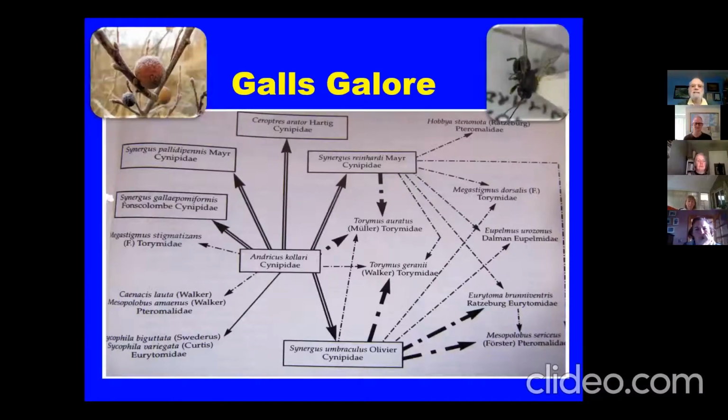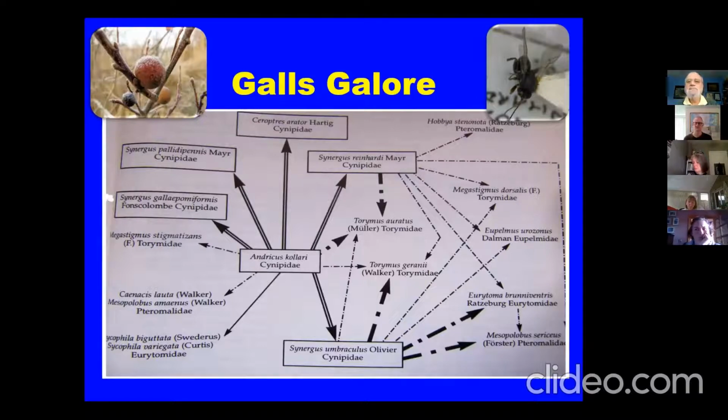But as well as the Gall Causer, which you can see sort of centre left, Artichoke Gall, there are two Synergus species noted there. They're also gall wasps, but they're not Gall Causers. They are what's called inquilines, and they are lodgers, effectively. They take over some of the gall tissue and feed on it themselves.